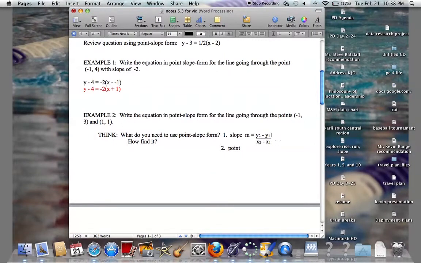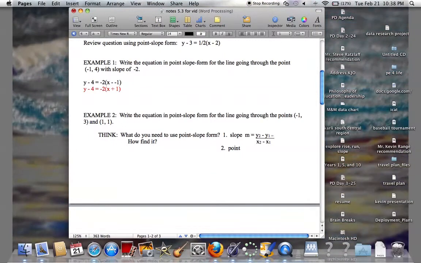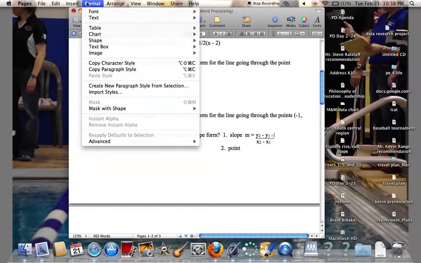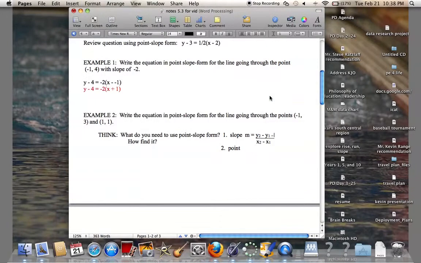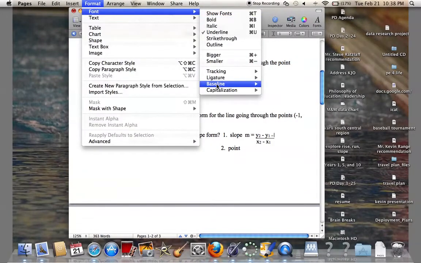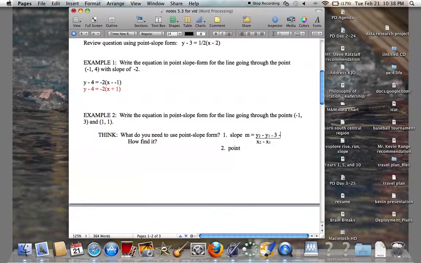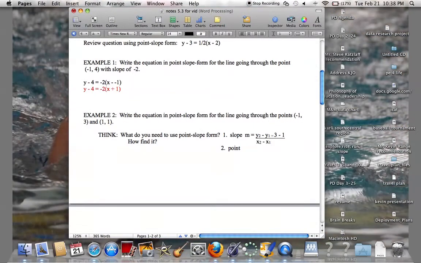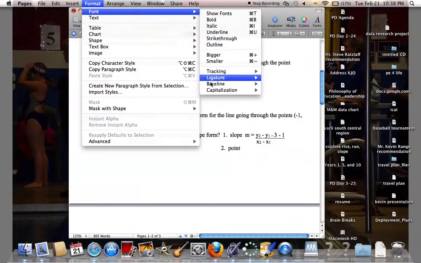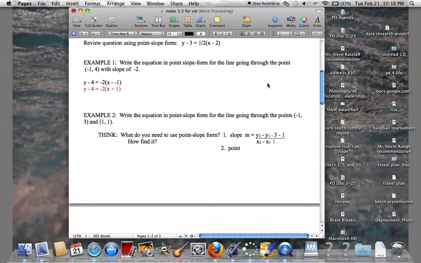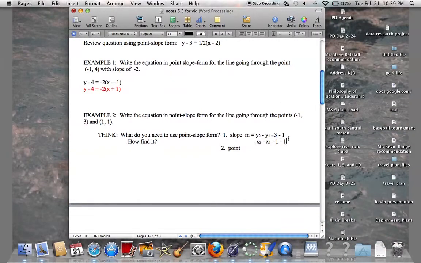So if we were to do this process, on the top I would do 3 minus 1, and for my x's, I need to start in the first ordered pair, which is negative 1, and I'm going to subtract 1.